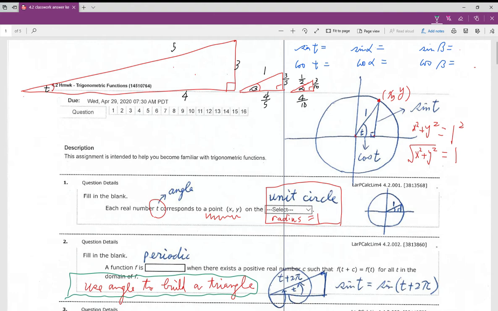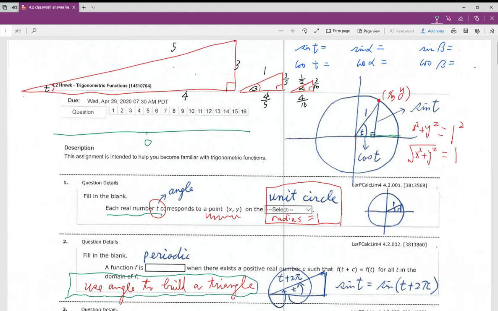Now, for each real number t, why do we want to talk about angle and about a real number t? Let's take a look. If you have a number, and we say this is 0, then when the angle equals 0, you cannot build a triangle.